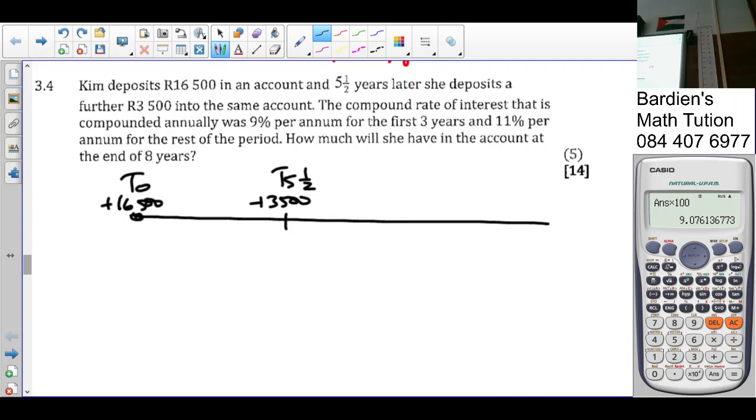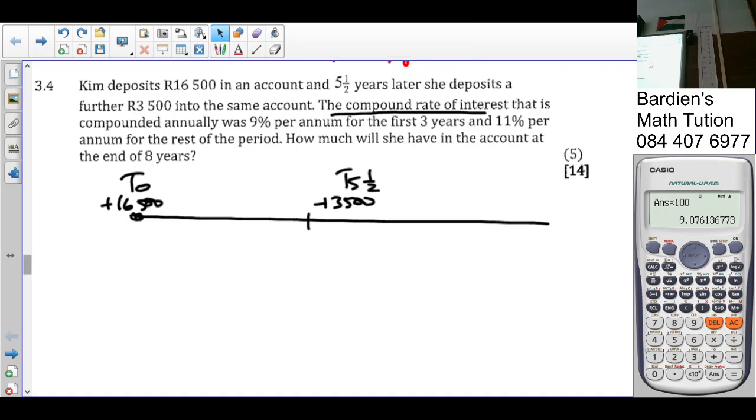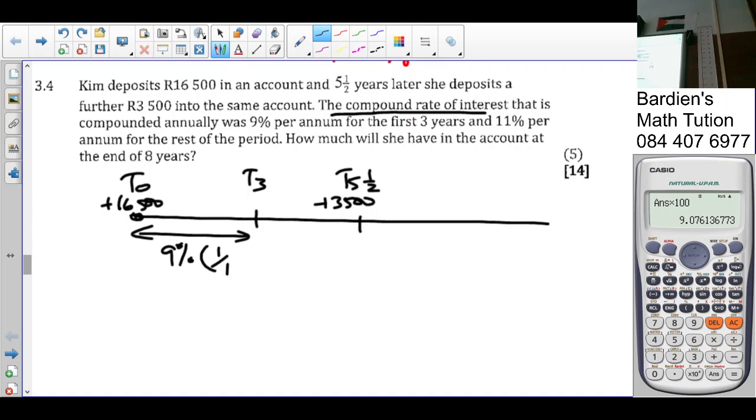The compound rate of interest, so we are now going to use a compound formula, is compounded annually. The interest rate for the first 3 years was 9% per annum, compounded annually, and then it increases to 11% per annum for the rest of the time period.